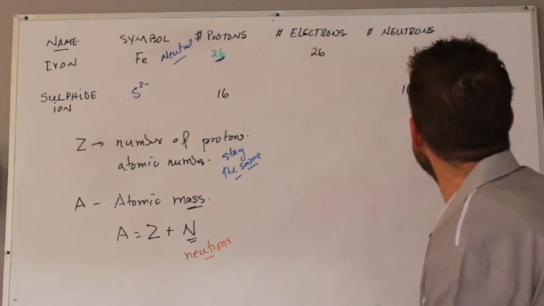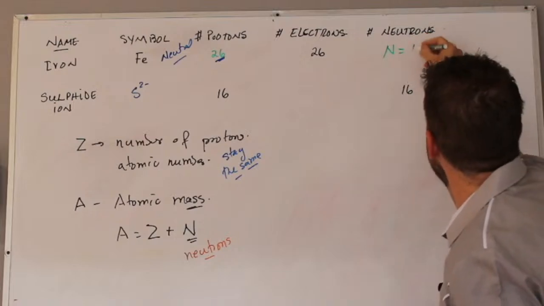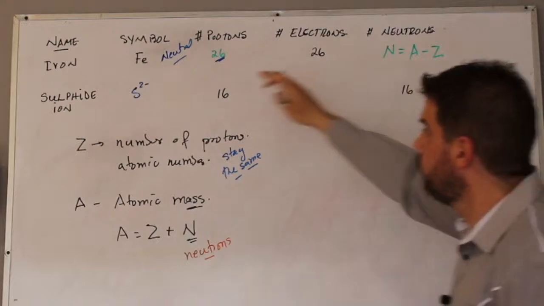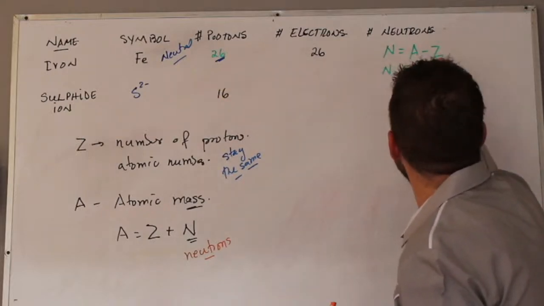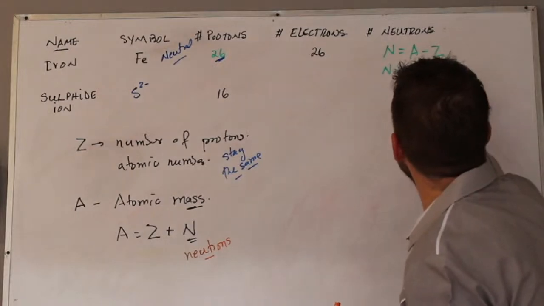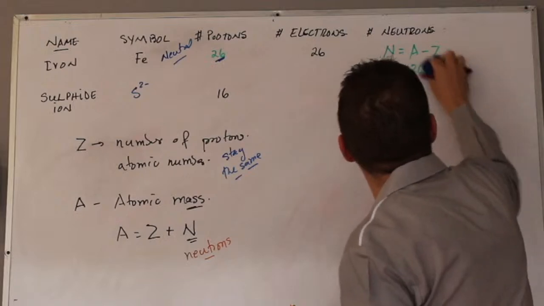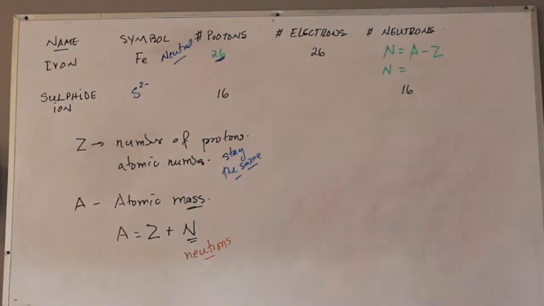So if you come here, neutrons is equal to atomic mass minus the number of protons. For iron, that is going to be equal to 26 minus the atomic mass. You go to the periodic table. I don't remember. Let's check. Yes, I'll check now that one.